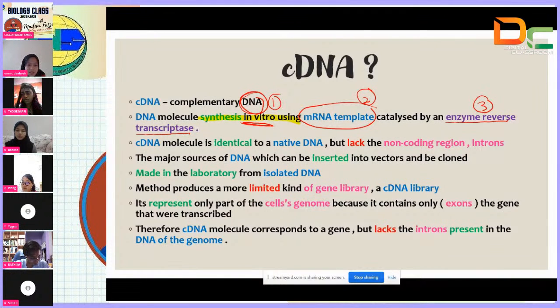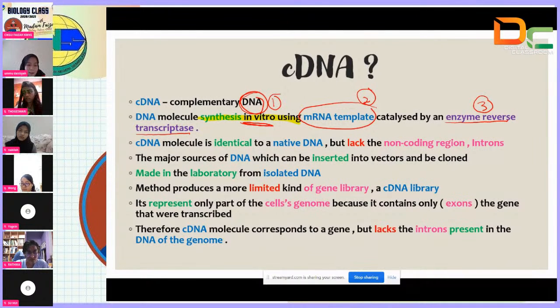It only represents part of the cell genome because it only contains exons, the genes that we transcribe. Therefore, a cDNA molecule corresponds to a gene but lacks the introns present in the DNA of the genome.